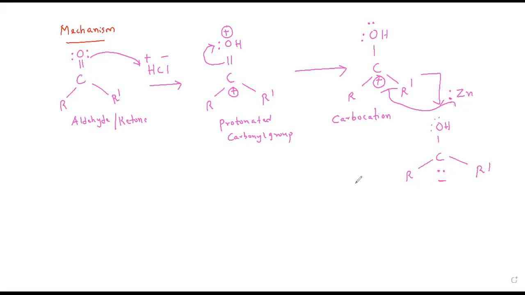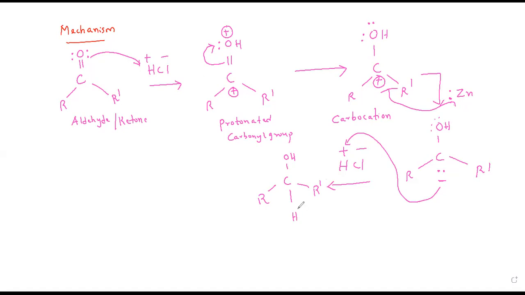Next, you can treat with HCl. Again, HCl will undergo dissociation to form H plus and Cl minus. So carbon will donate the lone pair of electrons to this hydrogen. Therefore, this carbon can form a new bond with hydrogen. So you can write carbon, H, R and R. This is a new sigma bond formed between carbon and hydrogen.